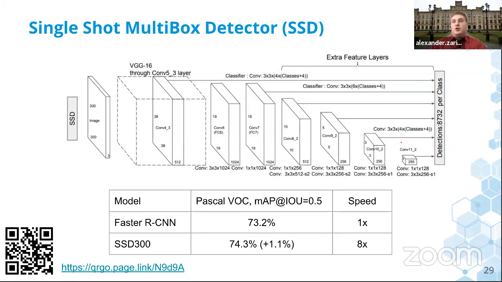SSD showed pretty good results in terms of speed, and generally SSD is the first deep learning based object detector model that can run in real time while maintaining the same or even better performance compared to Faster RCNN.